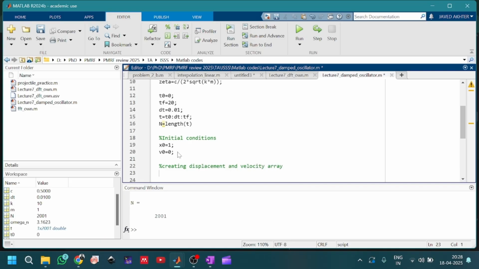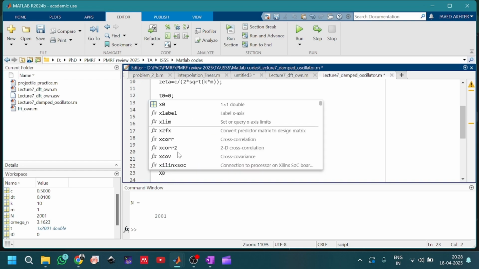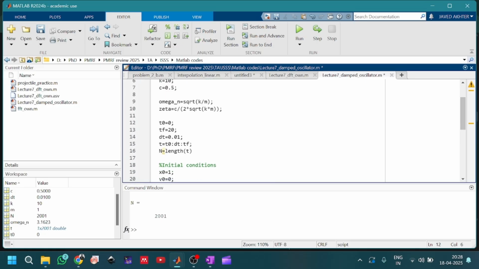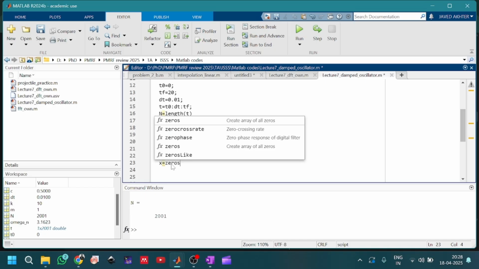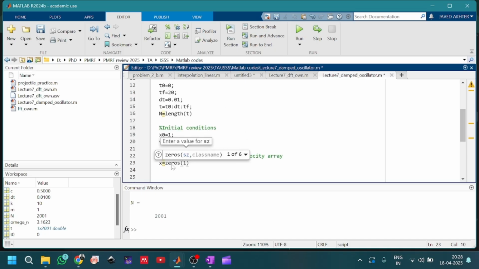Let us call it x, which is our displacement array, and it will be zeros. And what will be its dimension? It will have one row, and there will be n columns. So n is the length of t. Similarly, you will have an array corresponding to v. So let me store it and call it v. So this is our displacement array, and this is our velocity array. Right now all the elements are 0.